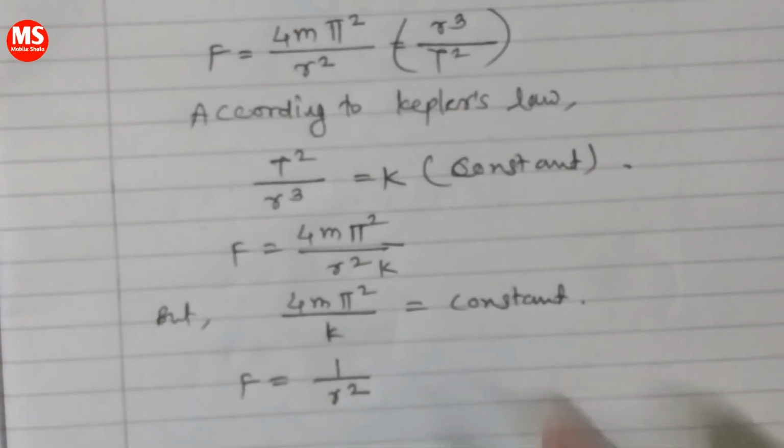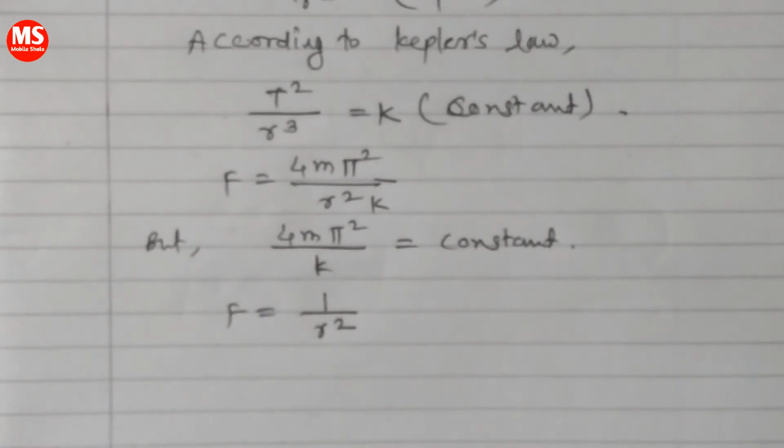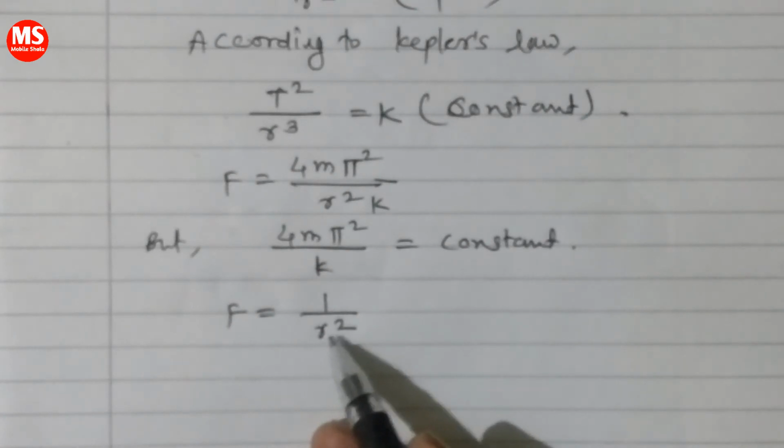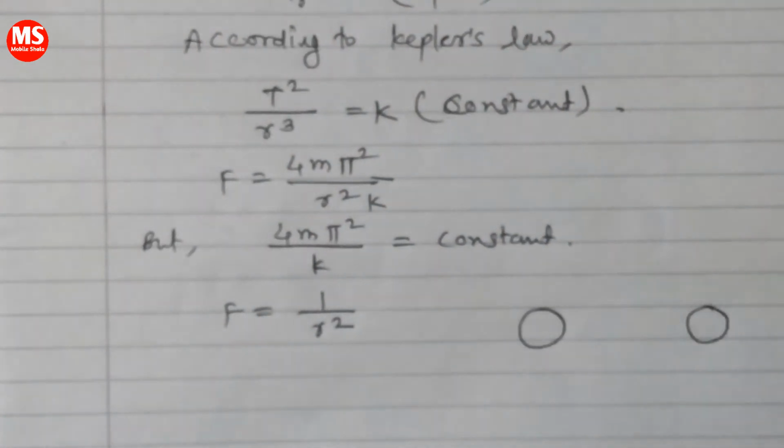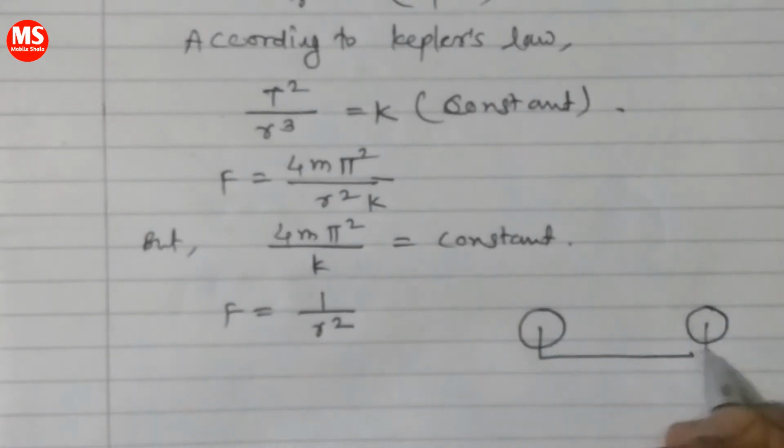Okay, so universal law of gravitation. In that video, if you see carefully, we learned that the gravitational force between two objects is inversely proportional to the square of the distance between their centers. These are the two objects, and these are the two objects' centers, and suppose this distance is r.